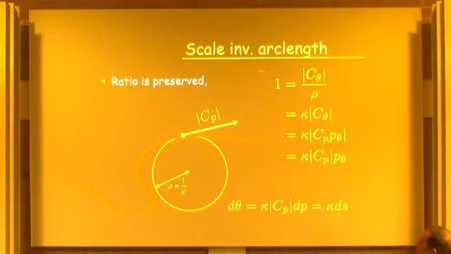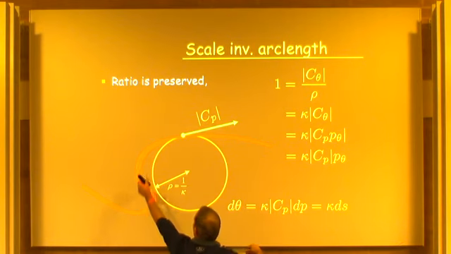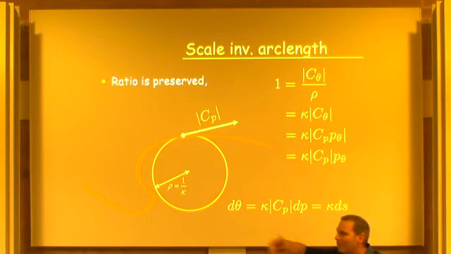Okay? I just invented something that would be invariant to scale. It turns out that the arc length is nothing but the change of the velocity angle. So if I'm traveling from here to here, integration over the change of this angle would be my invariant.